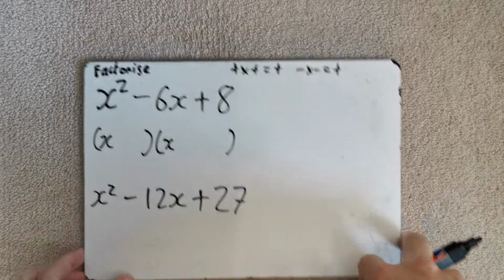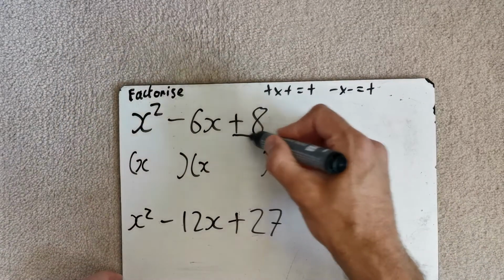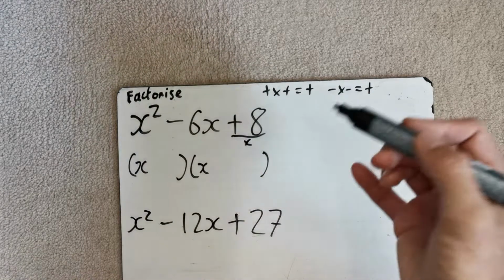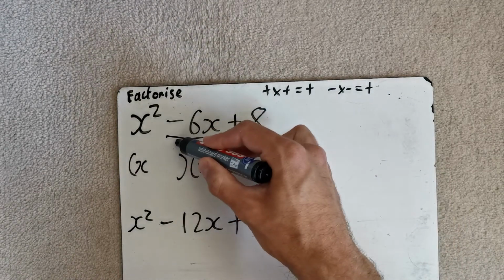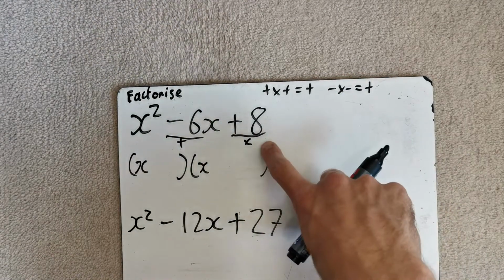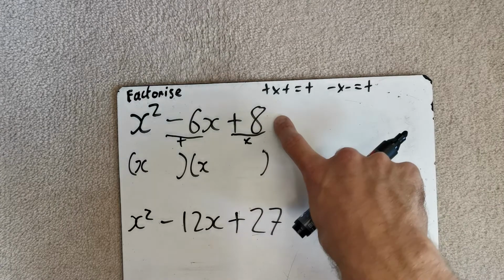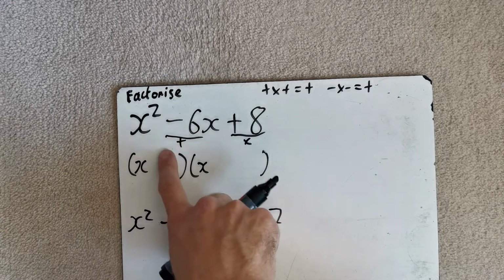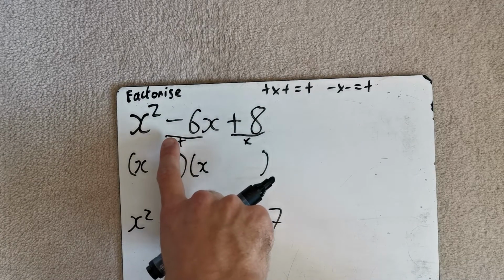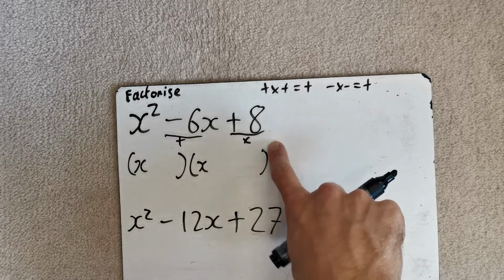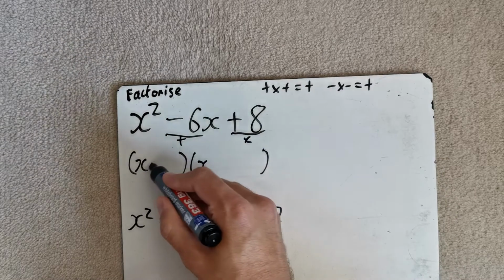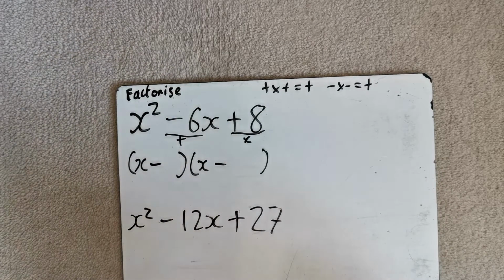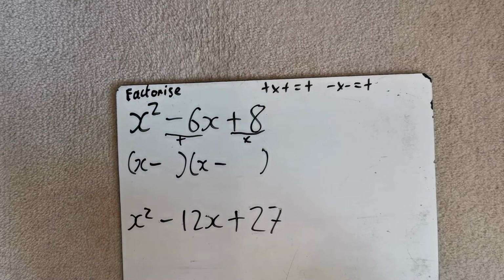Okay, so remember, you've got to find something that multiplies to make this last thing and adds to make this thing. And they've multiplied together to make a positive. So that means they've got to add together to make a negative, but multiply together to make a positive. That means they've both got to be negative in this one.